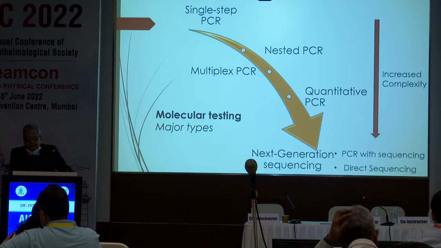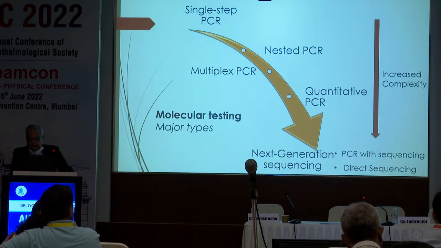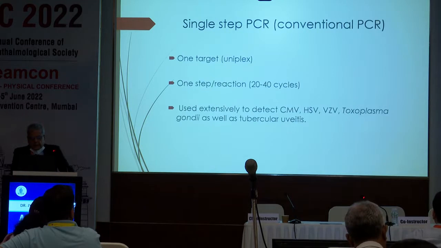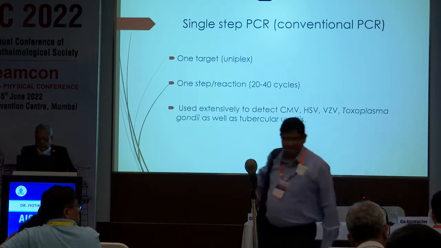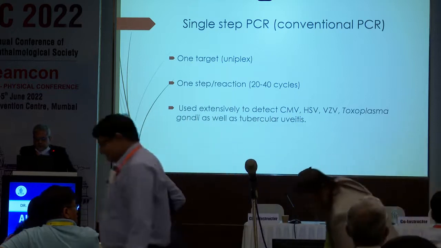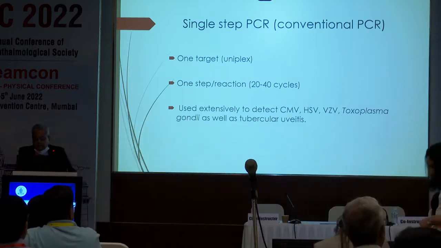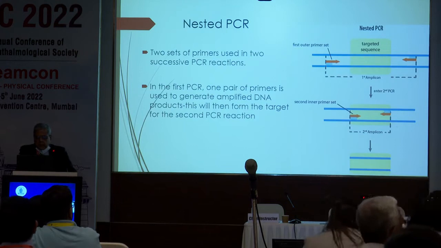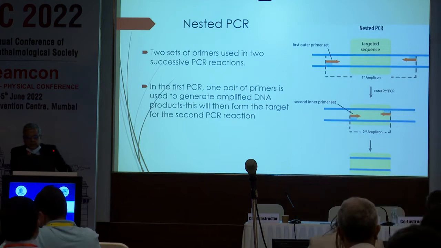Single-step PCR, nested PCR, multiplex PCR, quantitative PCR, and now next generation sequencing has come. Single-step PCR is a one target, one-step reaction of 20 to 40 cycles, used extensively to detect CMV, HSV, HZV, Toxoplasma gondii. In nested PCR, we use two sets of primers in two successive PCR reactions.